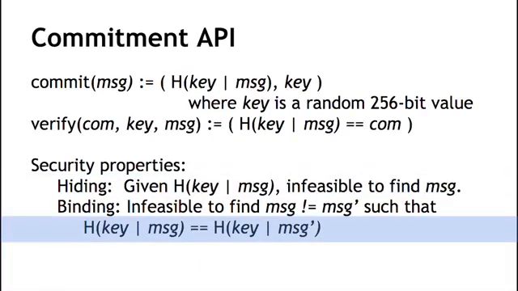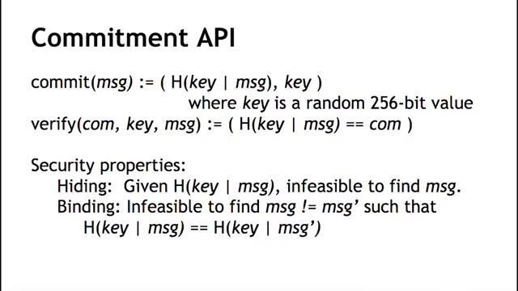Okay, so now what these properties become: the first one is, given the hash of key concatenated with message, it's infeasible to find message. Well, it turns out that that's exactly the hiding property that we talked about before. Key was chosen as a random 256-bit value, and therefore the hiding property says that if we take the message and we put before it something that was chosen from a very spread out distribution, like a random 256-bit value, then it's infeasible to find the message.